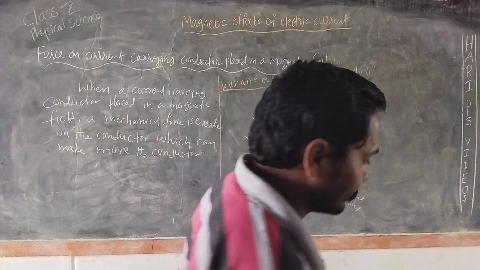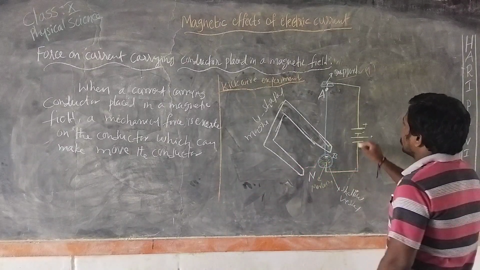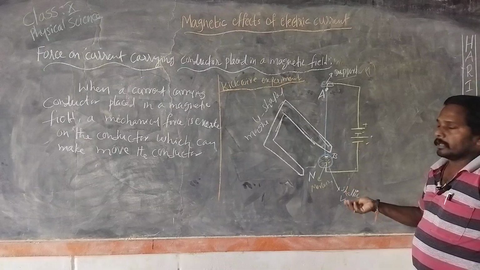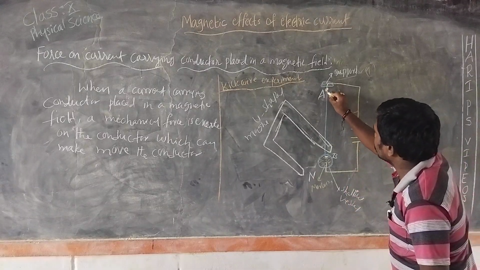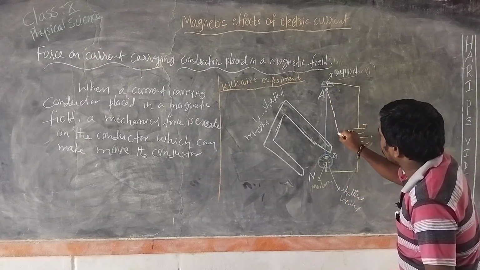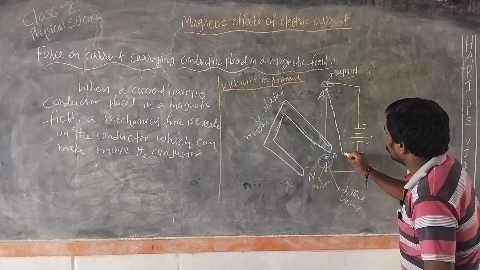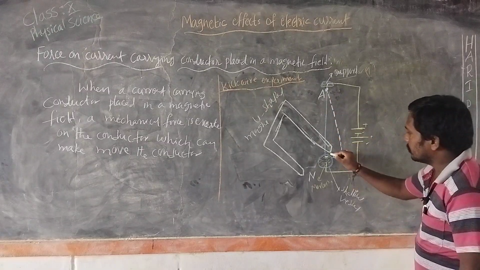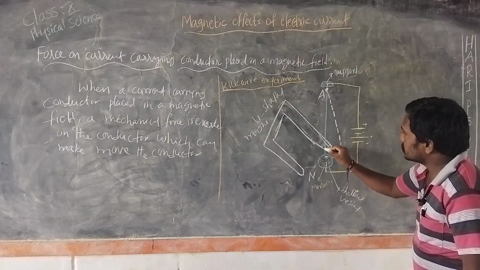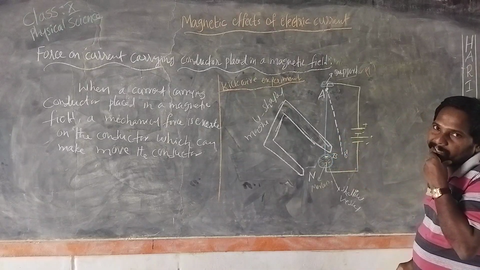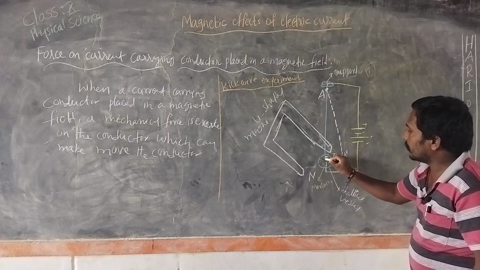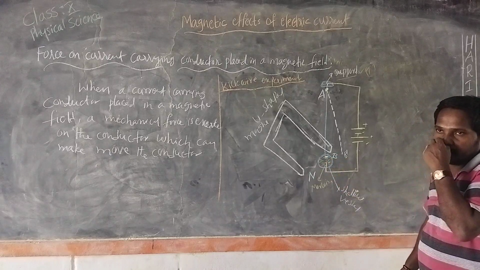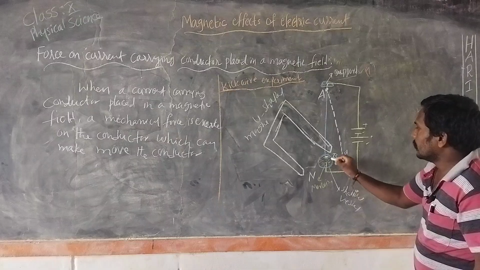What happens in this experiment? When we switch on, current carries through the wire. Due to the current, the position of the wire AB changes from AB to AB dash, and this wire is kicked from the mercury. Mercury is a good conductor of electricity.